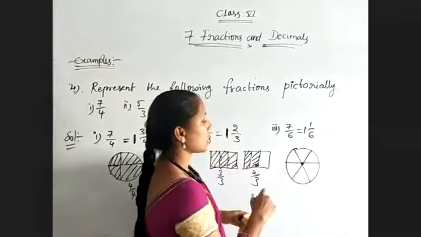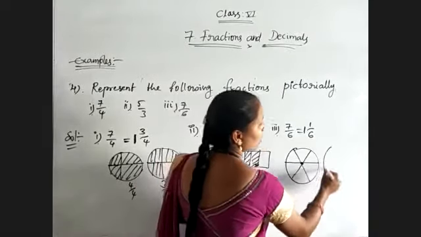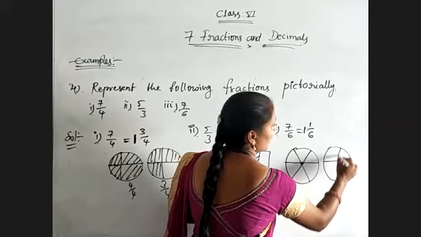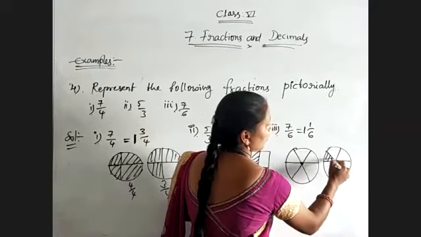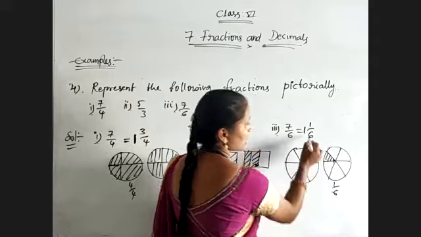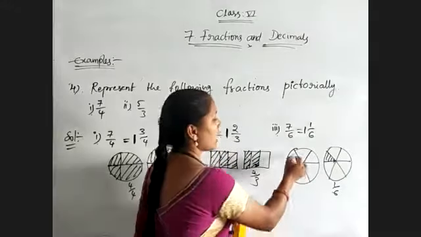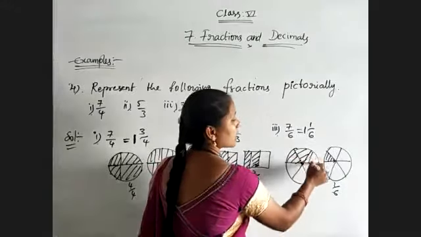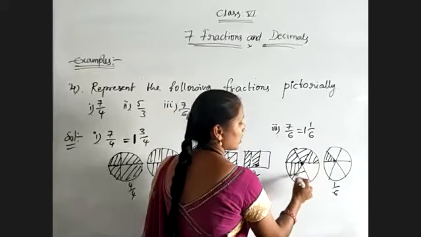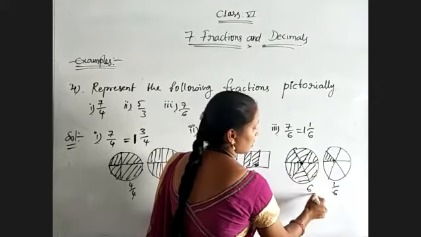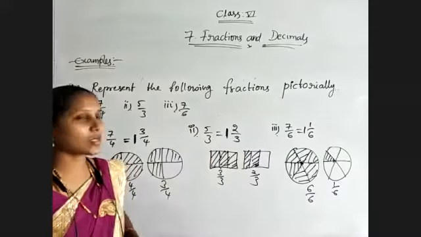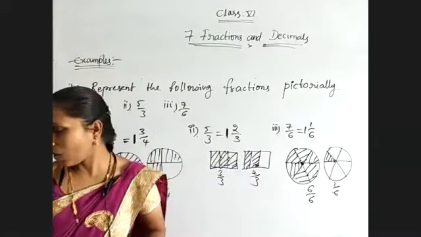So totally 6 equal parts. And another whole also must be divided into 6 equal parts. And out of that, only one part is selected because in the second whole we need to represent 1 by 6. And in the first whole, total 6 by 6 we have to represent. 6 by 6, 1 by 6. 6 plus 1, 7 by 6. Okay.